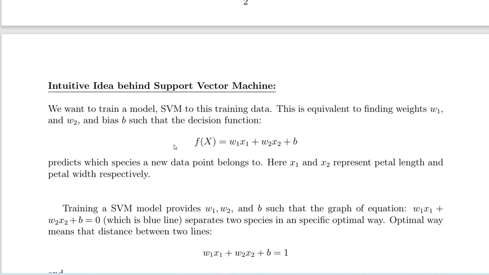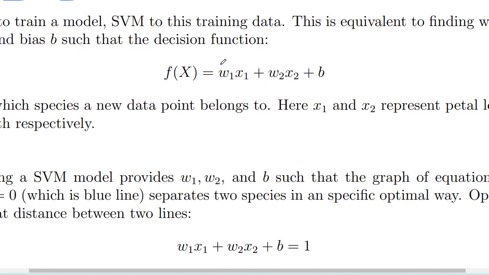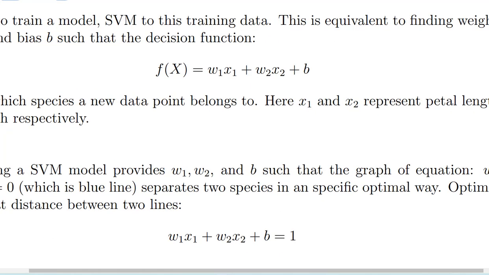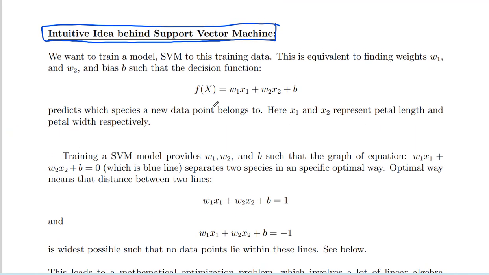Now we want to train the support vector machine. What is the intuitive idea behind this model? All we want to do is train a model SVM to this data set.